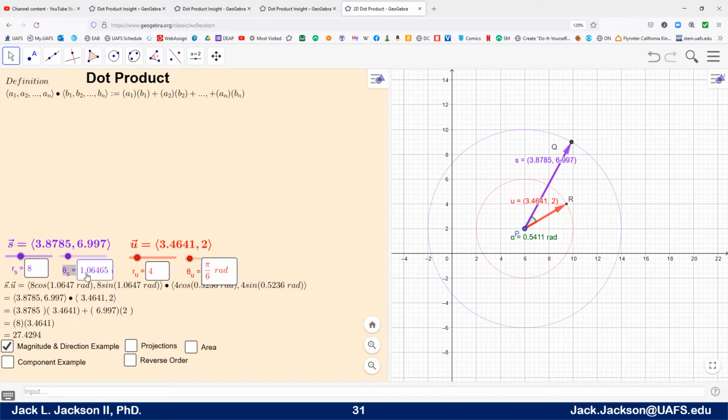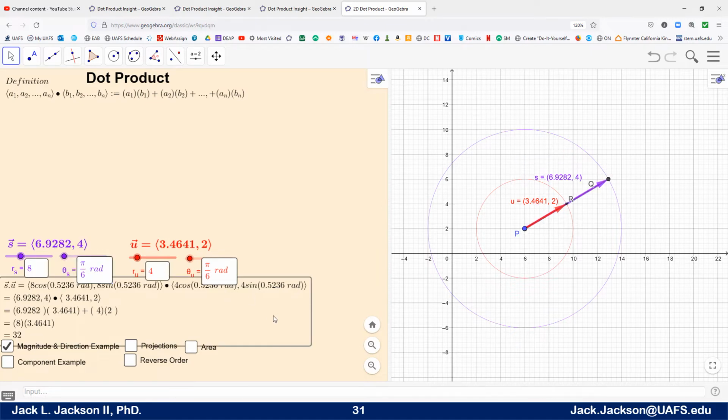And I can do the same angle here, pi over 6. So I can put any angle I want, but at the moment I want it to be the same angle. Well, look at the two magnitudes, 8 and 4. Sure enough, we still get 32 here.